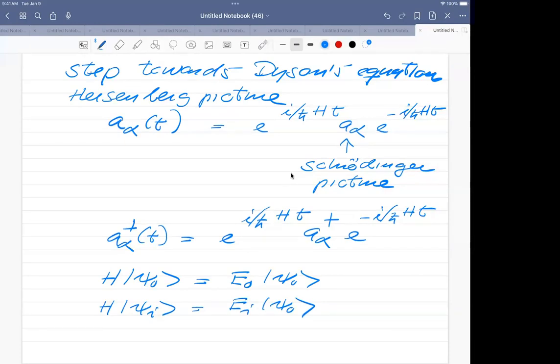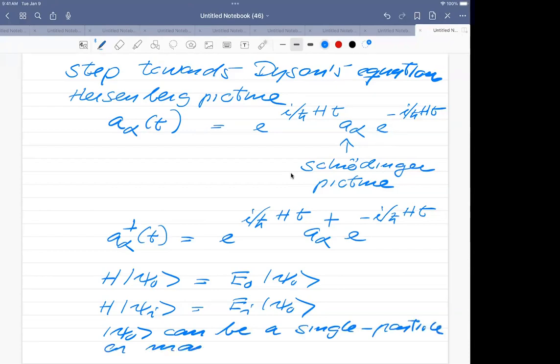So this psi 0 can be a ground state, can be a single particle state, or many-body state. I'm just leaving that to the more specific cases which we are going to look at.